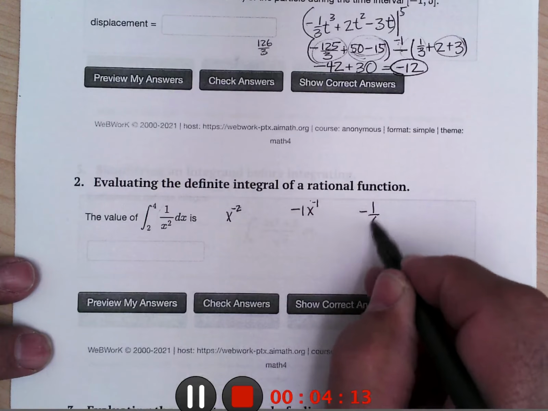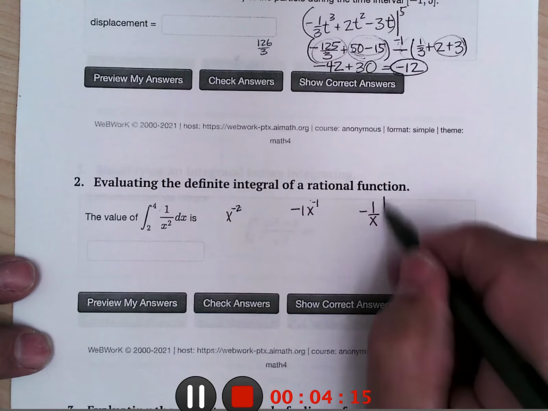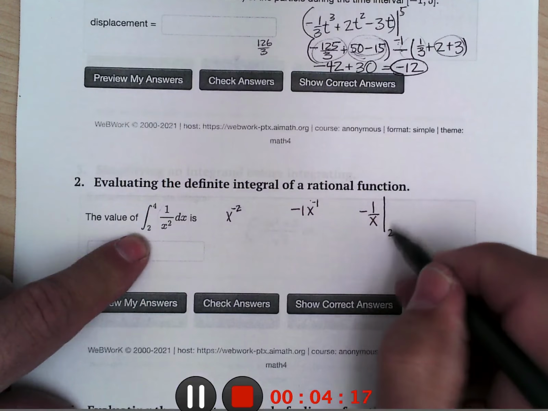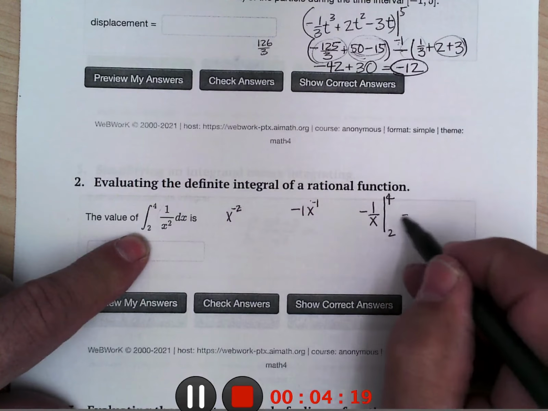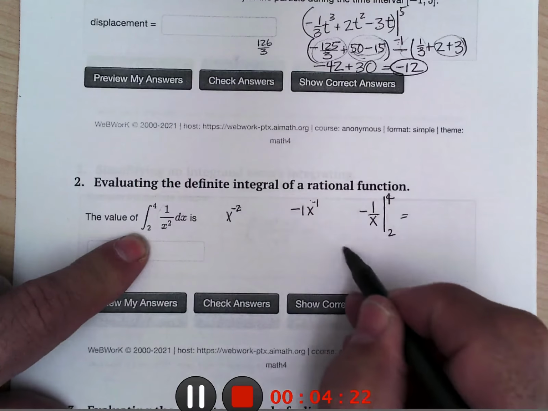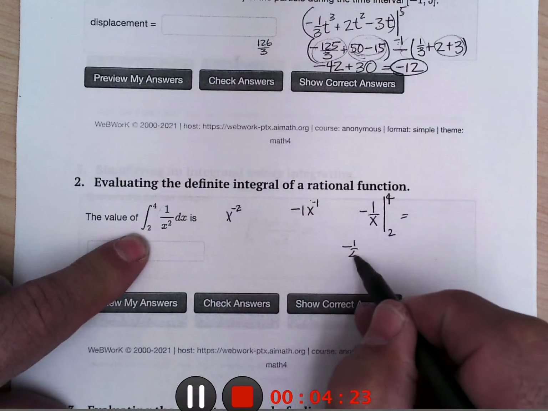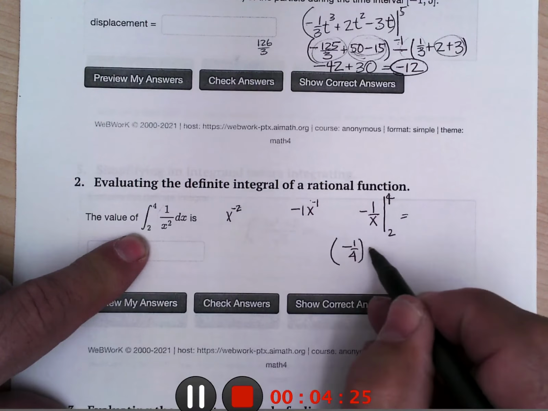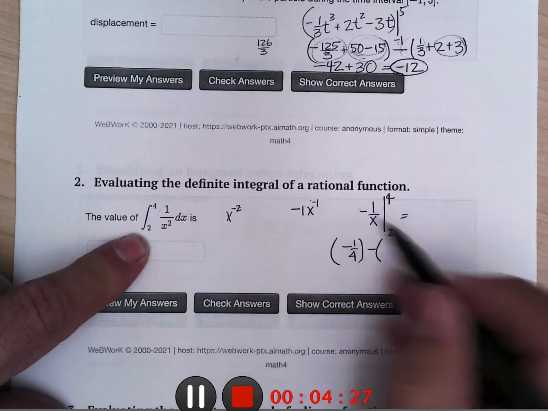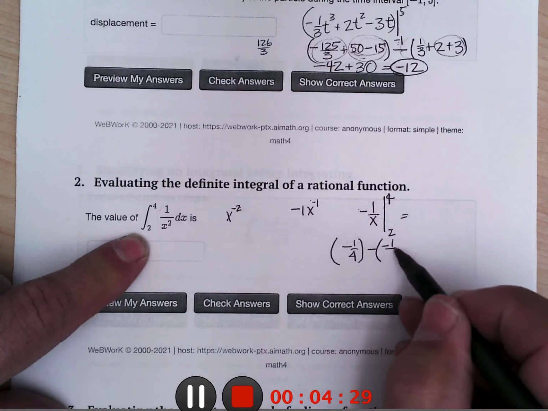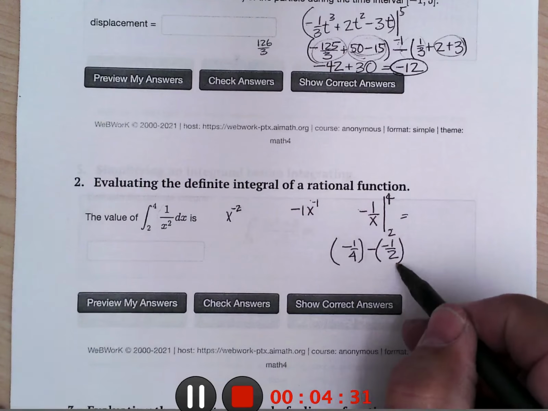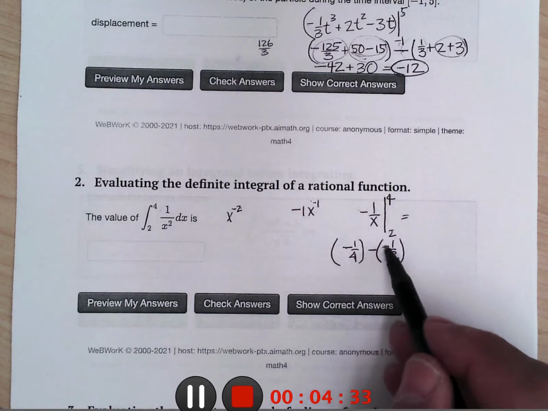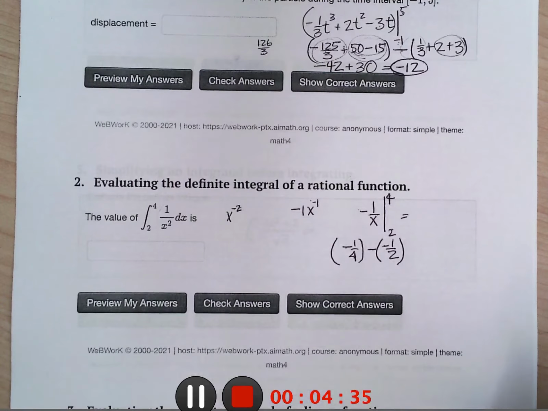And I have to evaluate that between 2 and 4. So if I put in 4, I get -1/4, minus, and if I put in 2, I get -1/2. So that's -1/4 plus 1/2, which is 1/4.